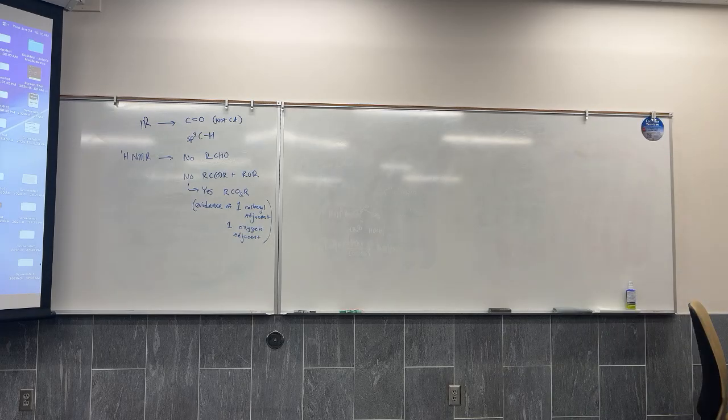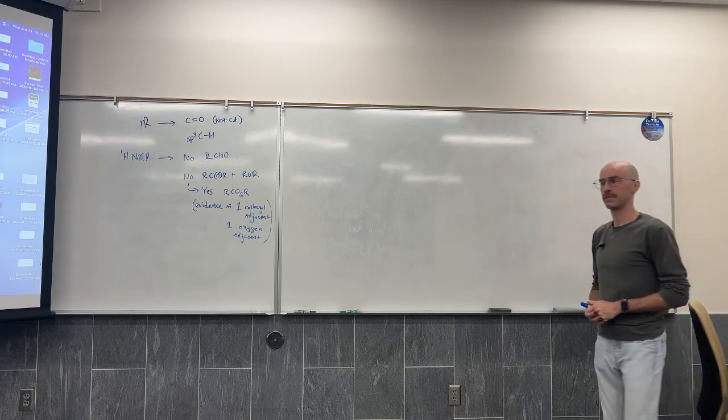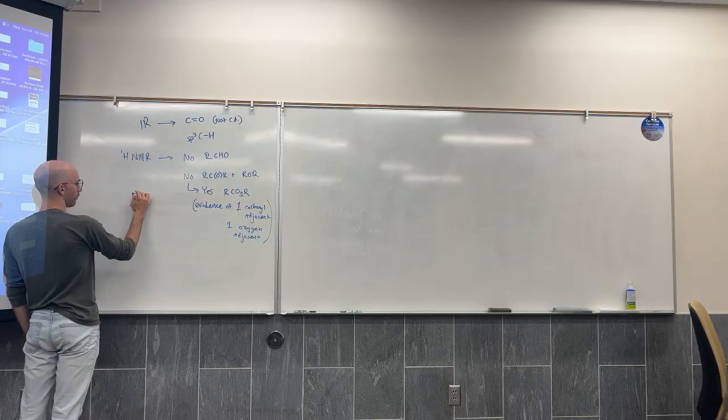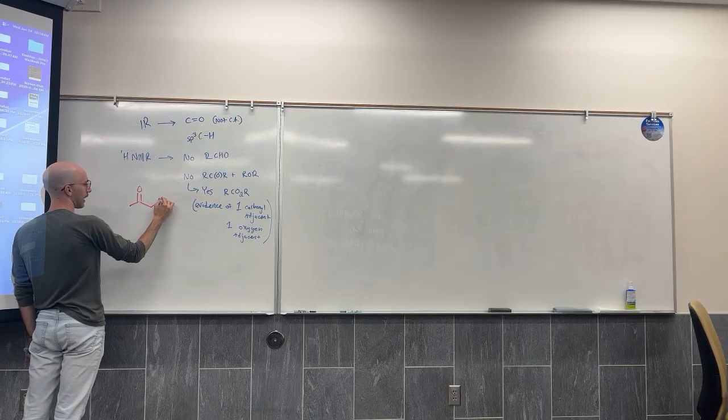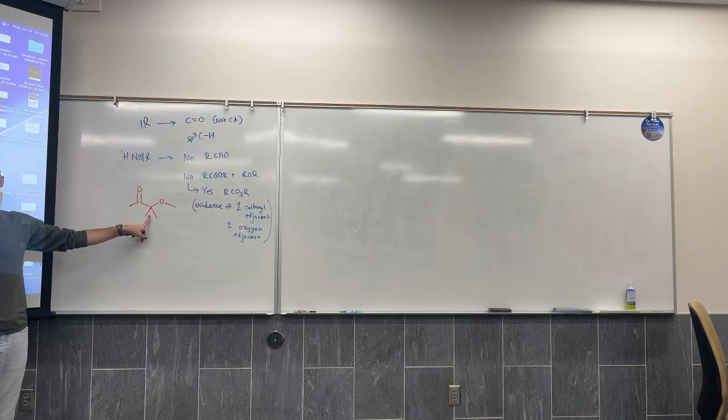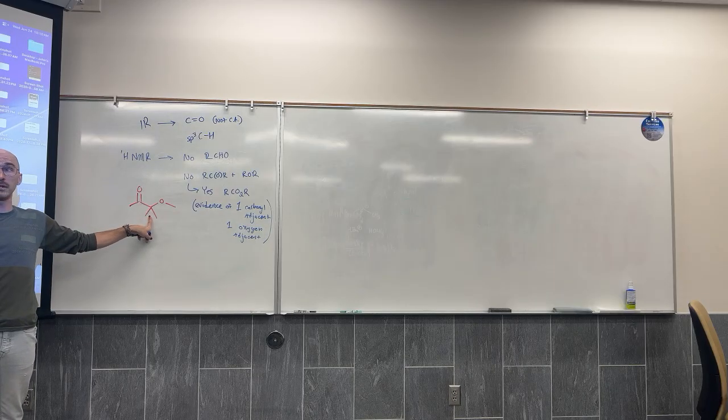Does that really prove that I have an ester? Absolutely not. It doesn't, because I could have a ketone and an ether in which the carbon or carbons between them have no hydrogens.